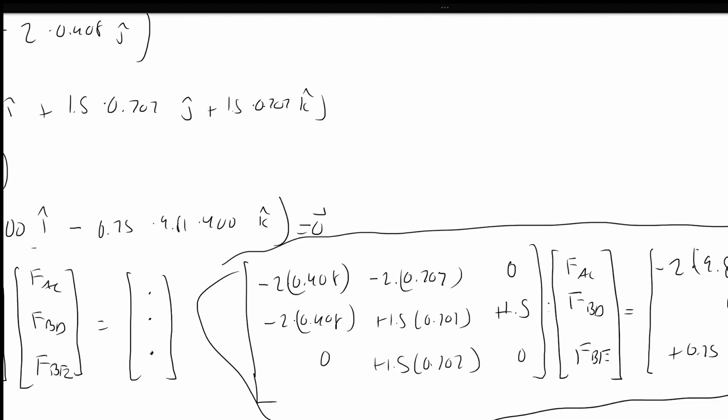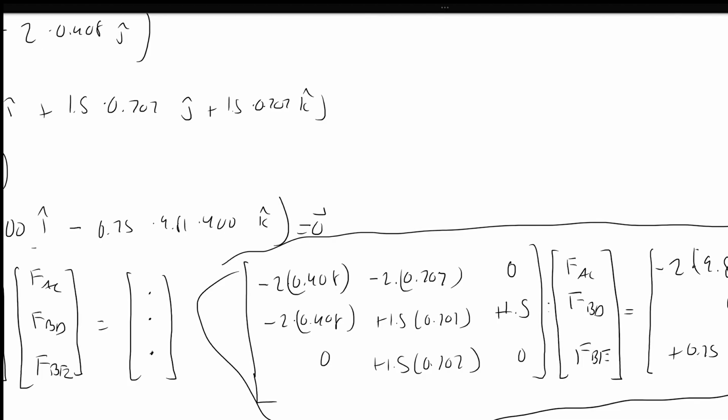Okay, 0.408, 0.707, 0. Minus 2 times 0.408, 1.5. Ah, I put in a plus. You're hearing me comment in real time about stuff that you cannot see. You must simply believe.